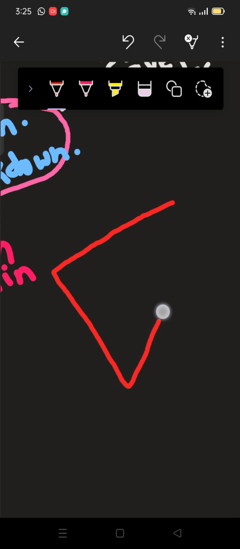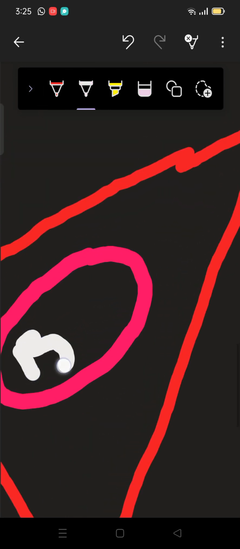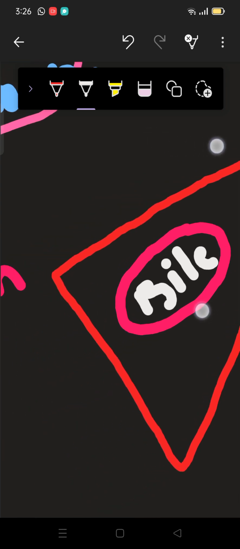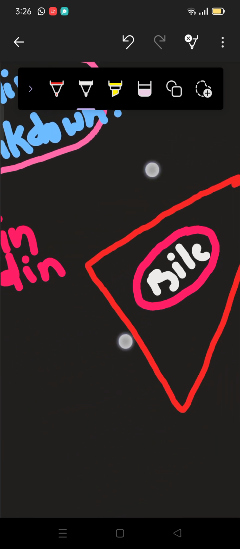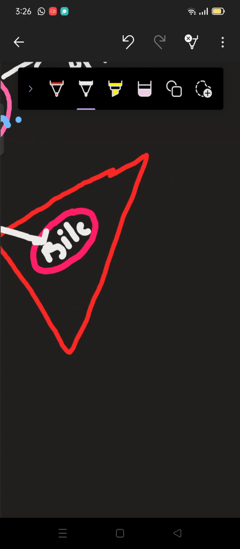So let me make here the liver so that I can make the bile. So this is basically the liver in which bile is present, and the pigments of bile are bilirubin and biliverdin. So here it is. All right, bilirubin and biliverdin.